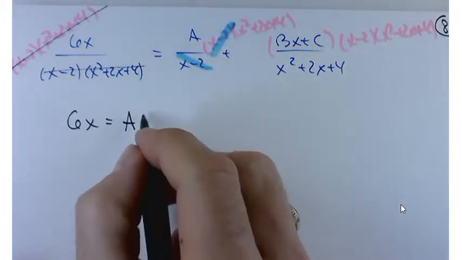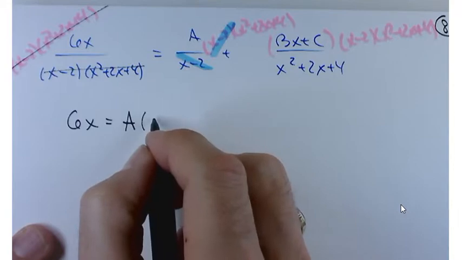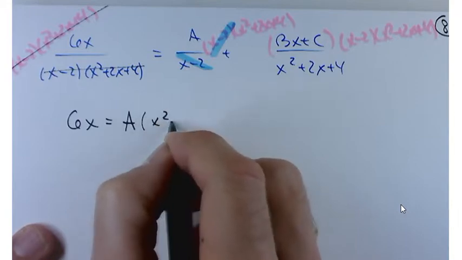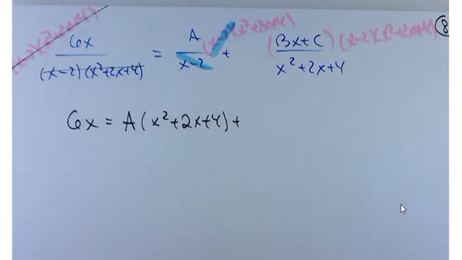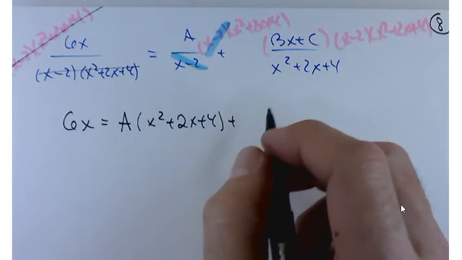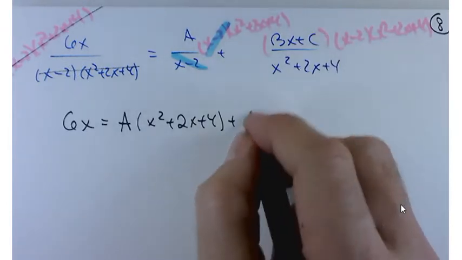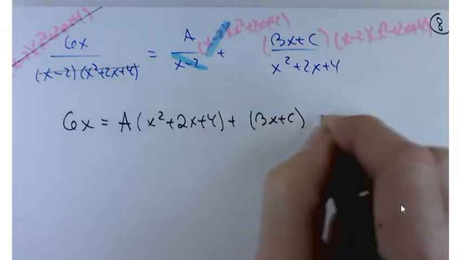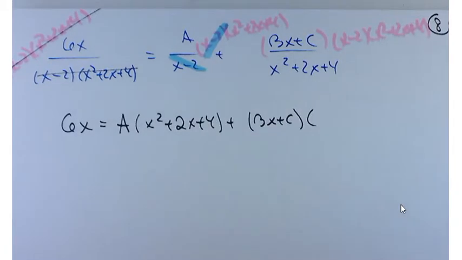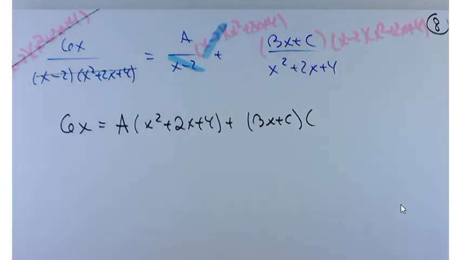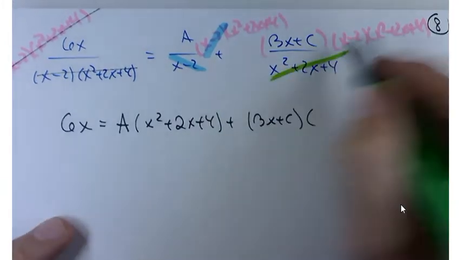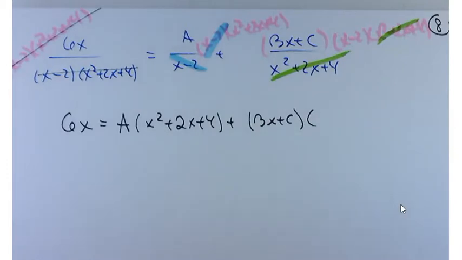That's going to leave me with A times x squared plus 2x plus 4 plus Bx plus C times, what's Bx plus C going to multiply by? Yeah, x minus 2.